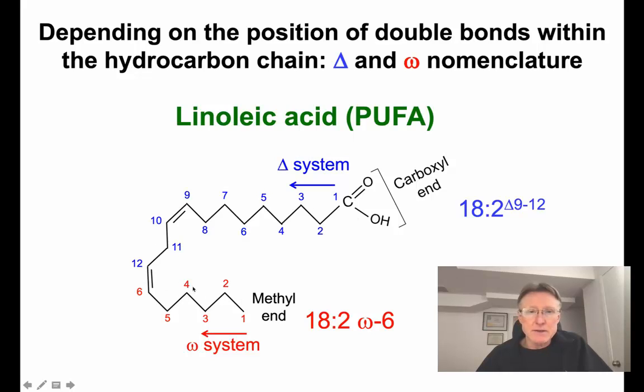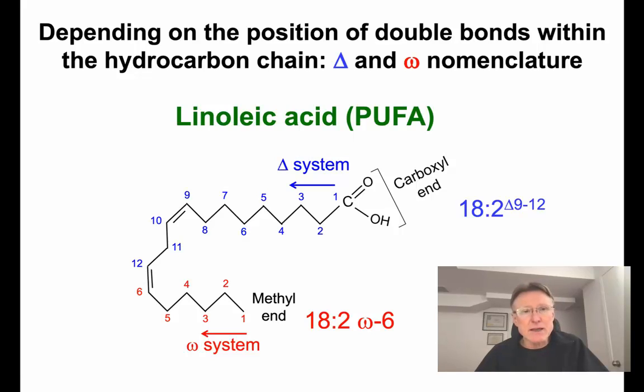So we have the carboxyl end. You can here see the carboxyl group that confers the name carboxyl end. And we have the methyl end on the opposite side of this fatty acid. So we can use these two, as I said, the delta or the omega nomenclature, depending on how we decide to look at the position of the double bonds.